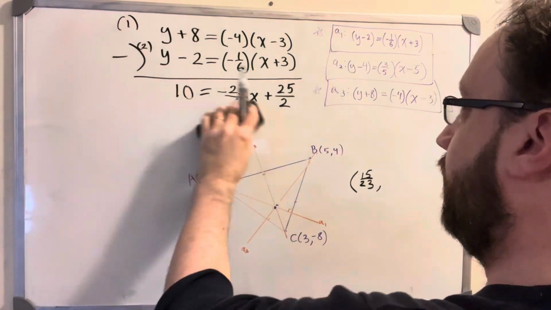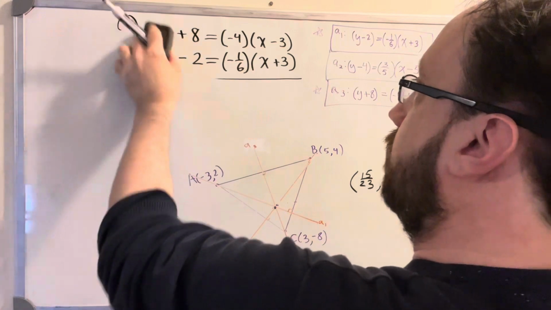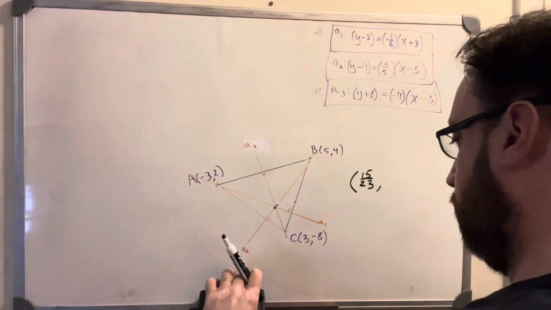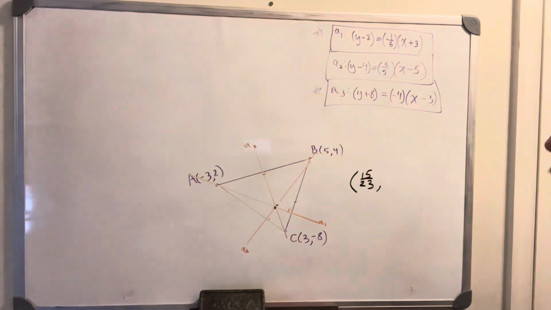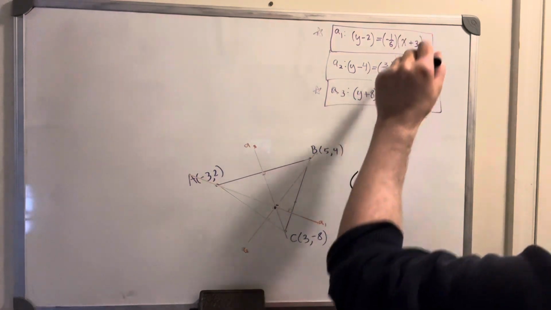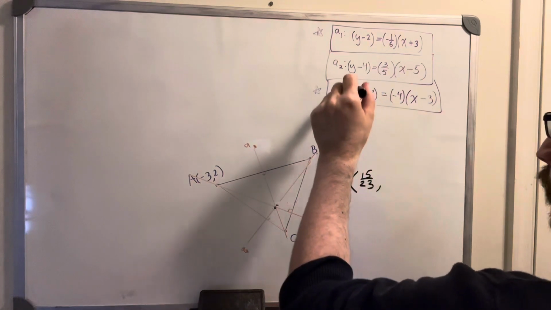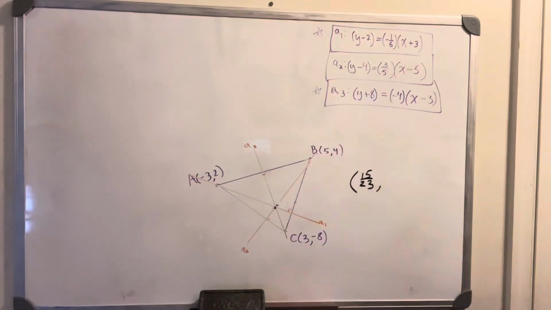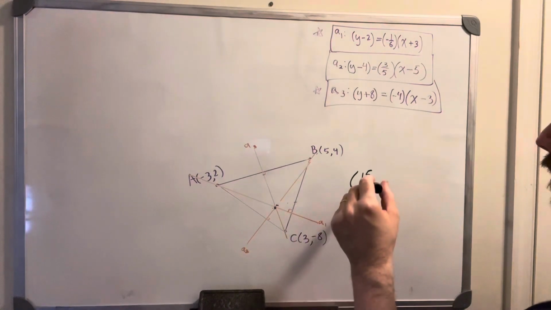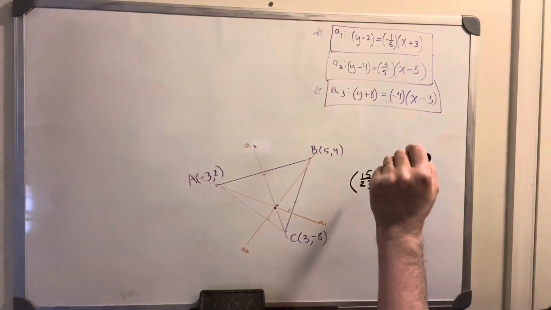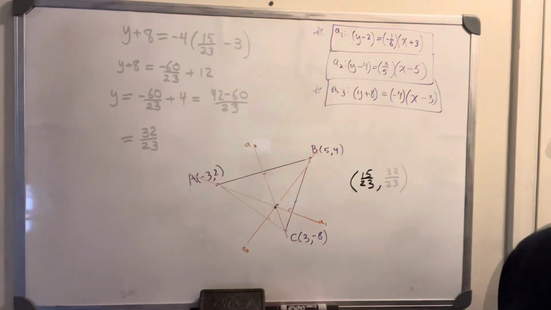And now, since we have the x coordinate of this point of intersection, what you can do is plug in that value in any one of these other equations of the line, because they all intersect, and find out what the corresponding y value is. If you want to, you can pause the video and plug in 15/23 in any one of these and then solve for y.